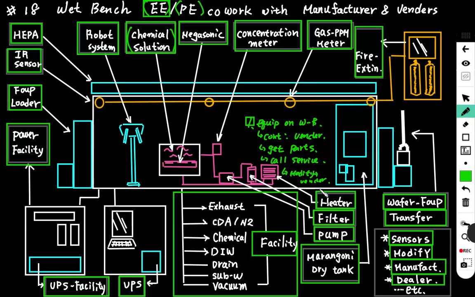So if you're a fab alone in a faraway zone without so many vendors around you, you just call the vendor and send the parts, or call the vendor engineer to do the service, even call the vendor to co-work to modify your equipment, and call the vendor to edit your software.